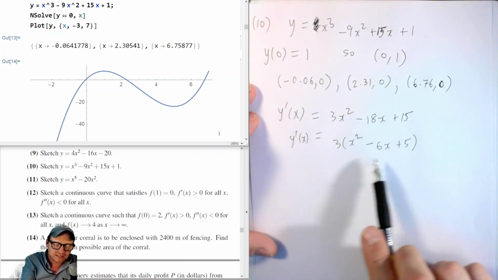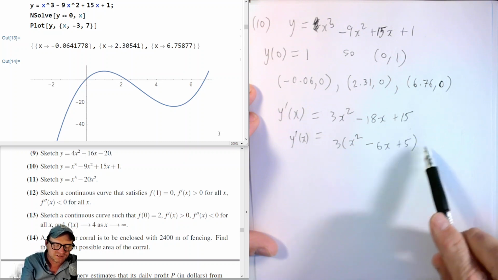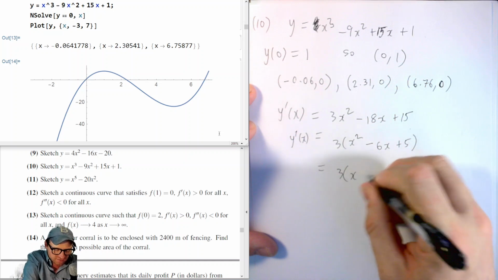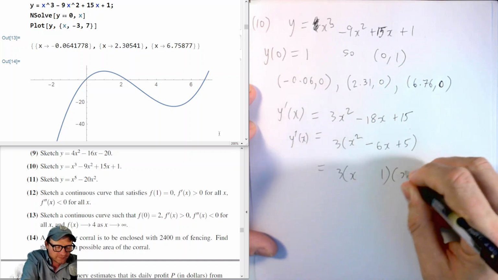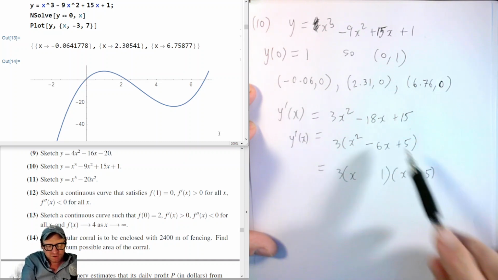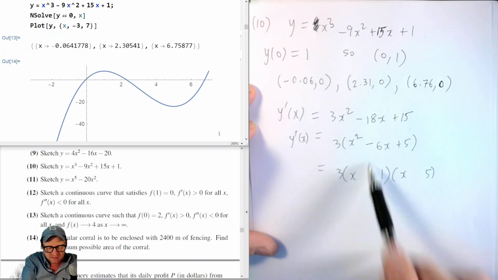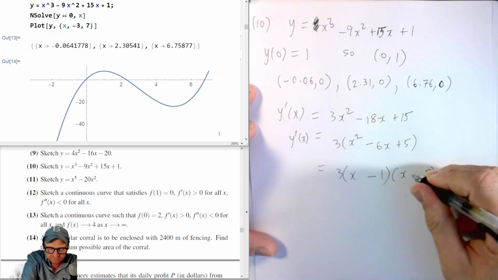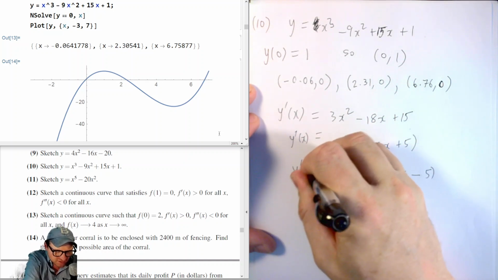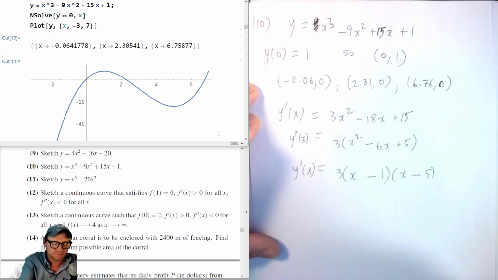Now this is clearly easy to factorize because 5 times 1 is 5, and the sum is 6. And so we have 3 outside of x with a 1, x with a 5, but the product is positive, so these should have the same sign. That sign should be minus because the sum of those is negative. Okay, so we're able to factorize the first derivative easily, even though it's not as easy to find these intercept points.